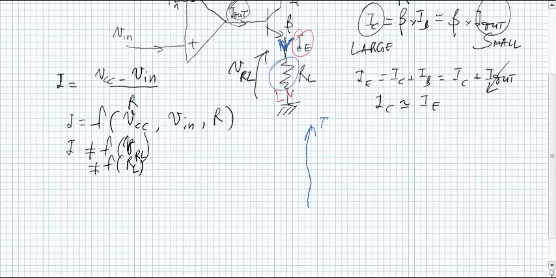This is I, basically the current through our load, versus the voltage across that load itself. Well, if we keep three parameters constant, if VCC doesn't change, if the V input also remains the same, and if R does not change, then we're going to have a straight line in here.